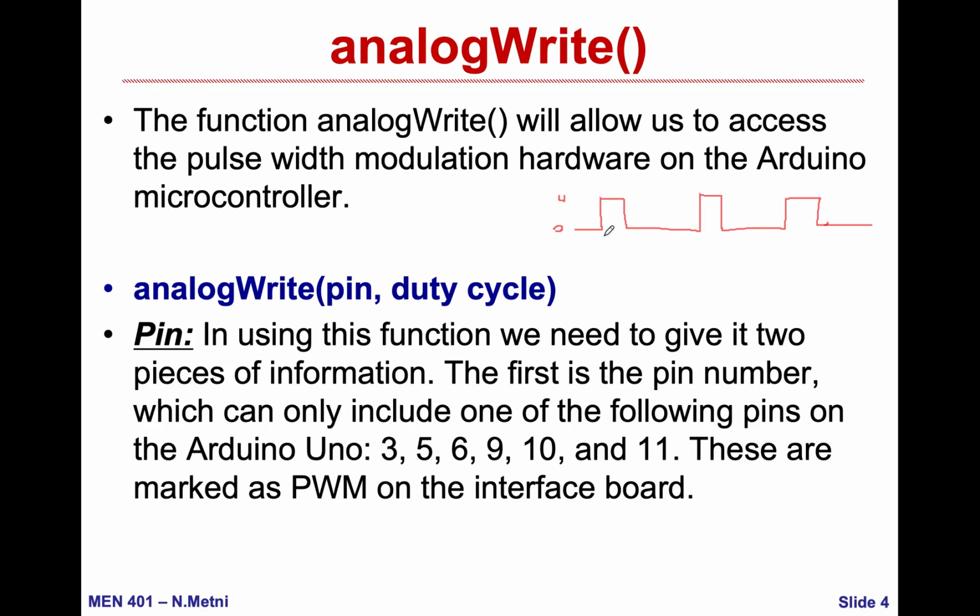However, what is important is the high time with respect to the period of the signal, and the ratio of high time over period is called the duty cycle. This duty cycle can change from, for example, 10% to 90%.